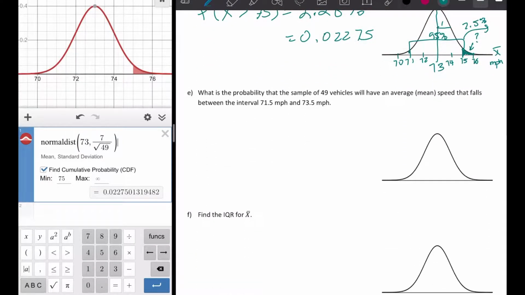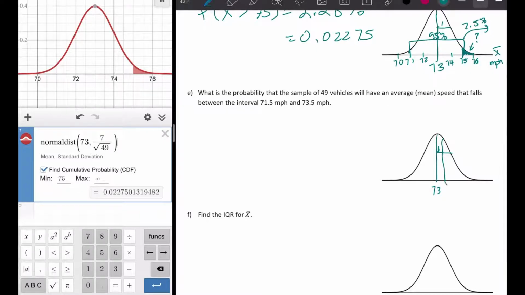E, what is the probability that the sample of 49 vehicles will have an average mean speed that falls between the interval of 71.5 and 73.5? So again, let's draw my mean at 73, my standard deviation at 1, a little bit off center, because then 73.5 is halfway between.